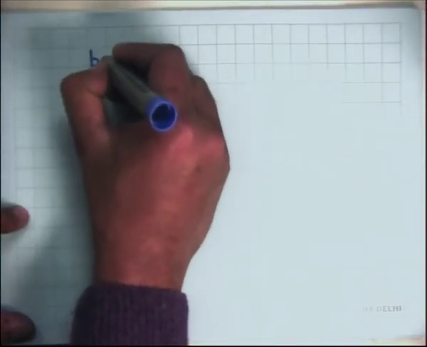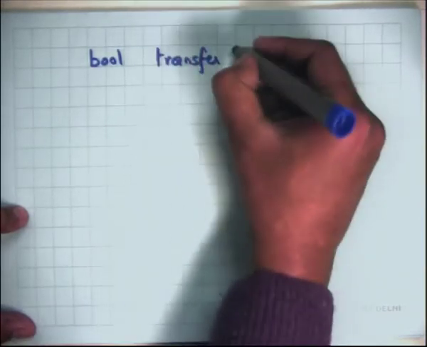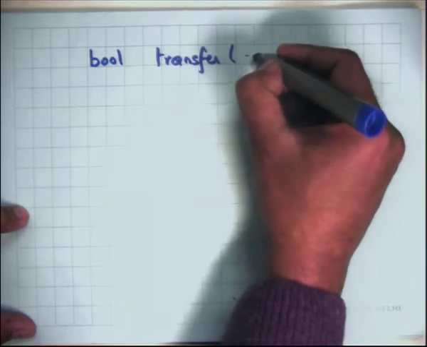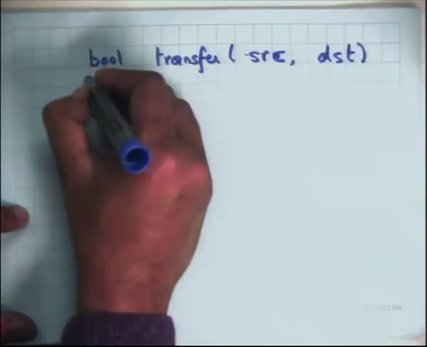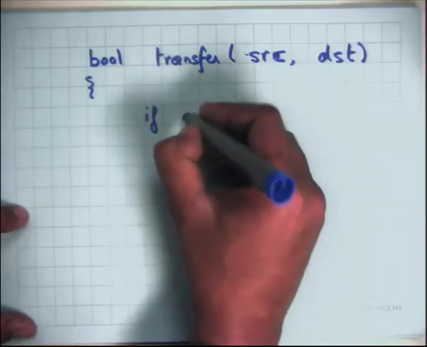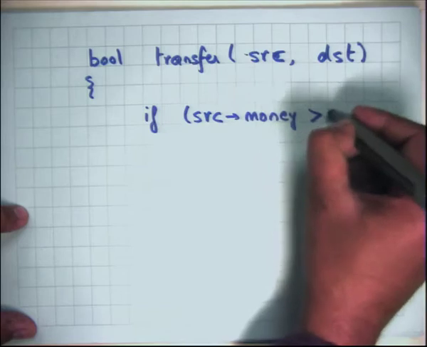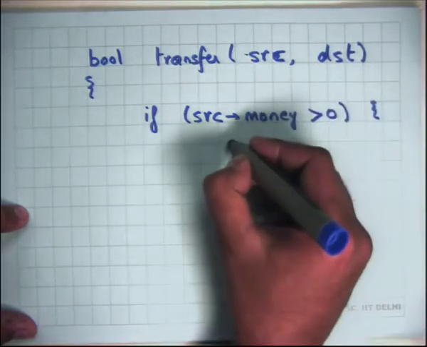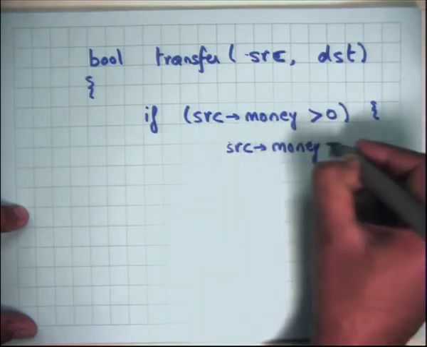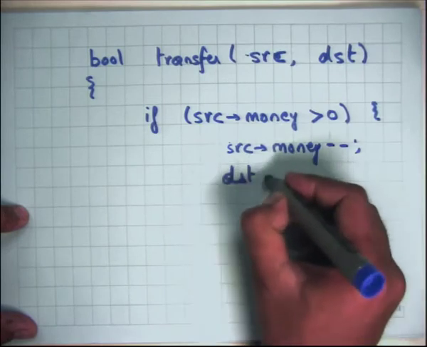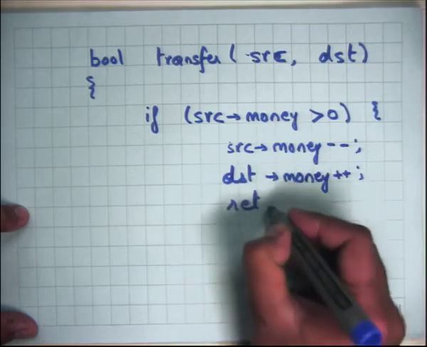Let's also say that this transfer can either succeed or fail. So let's say this is bool transfer, source to destination. Let me also rename the variables so that it's clearer. If source.money is greater than 0, source.money--, destination.money++, and let's say I return true.